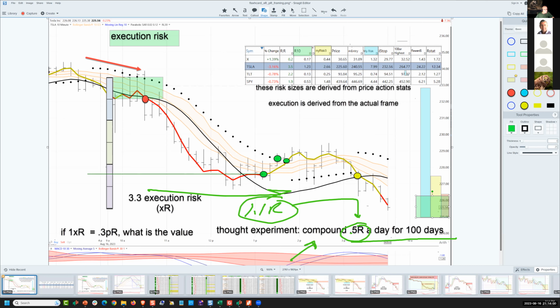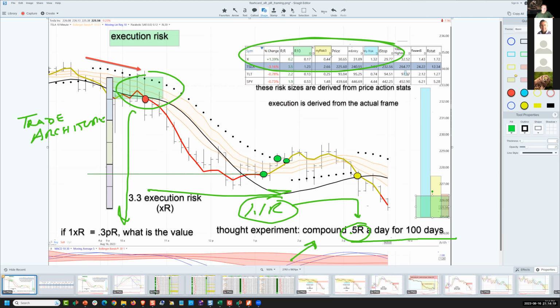Well, why is that, Ken? Well, here's why. Because independent of the trade architecture and the framing, which does this setup and figures how far, determines how much I can risk and what's the execution risk and what is the maximum forward reason.